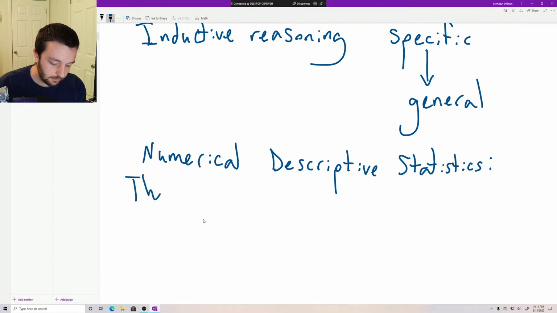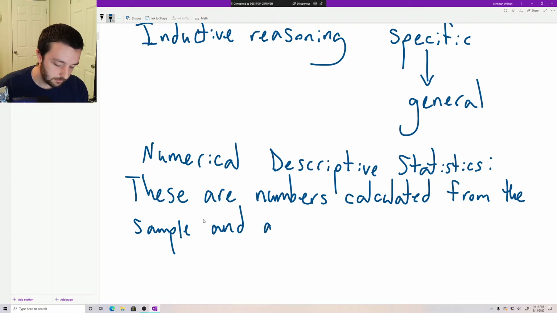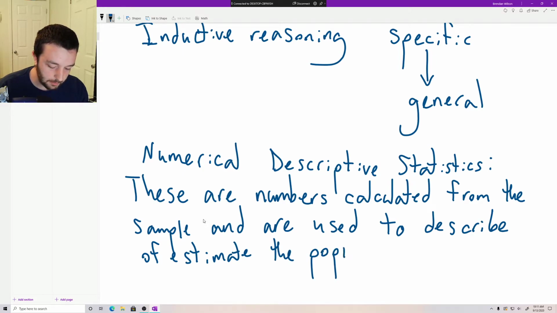These are numbers calculated from the sample and are used to describe or estimate population parameters. Okay.